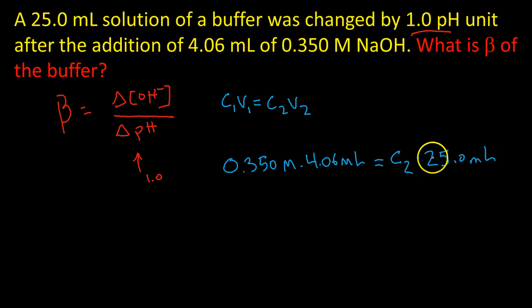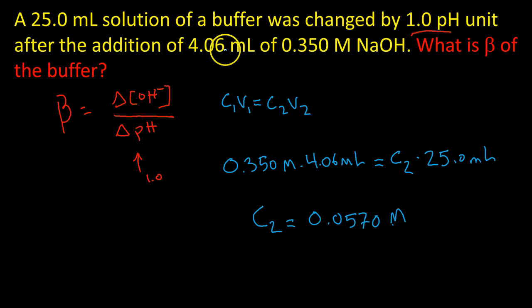So all you have to do is divide both sides by 25 milliliters, multiply these two together, and you get your concentration 2, which in this case ends up equaling 0.0570 molar.